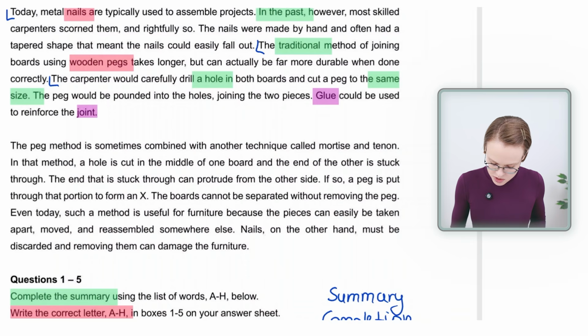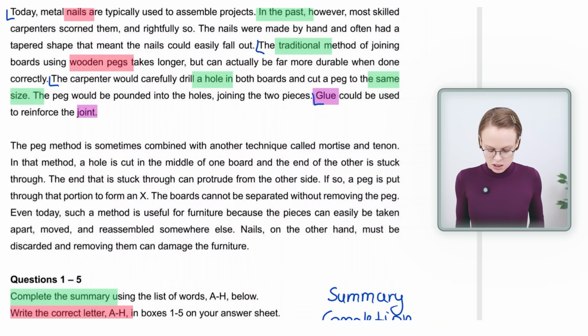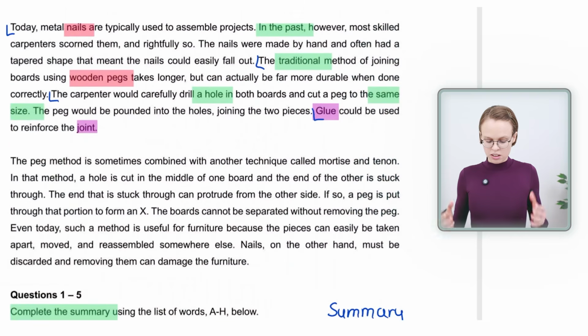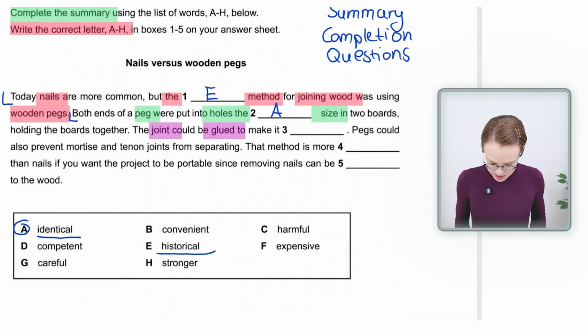So let's read this sentence. Glue could be used to reinforce the joint. And what does our sentence say? The joint could be glued to make it something. Here it says that the glue was used to reinforce the joint, so to make it stronger. And that is exactly what we can see here.